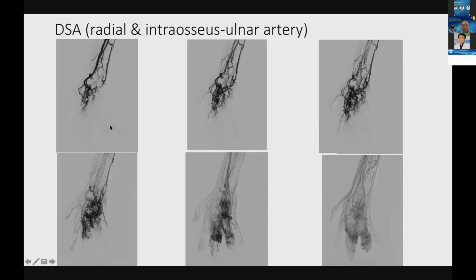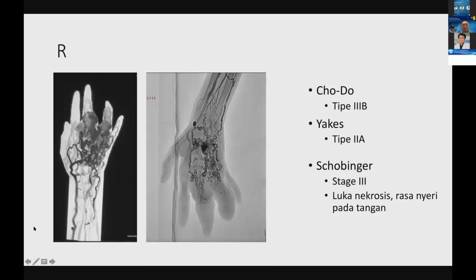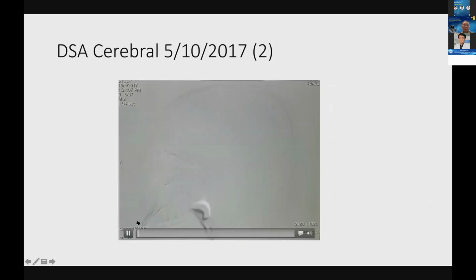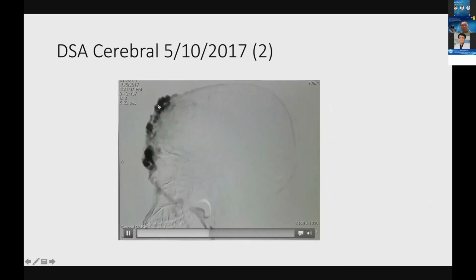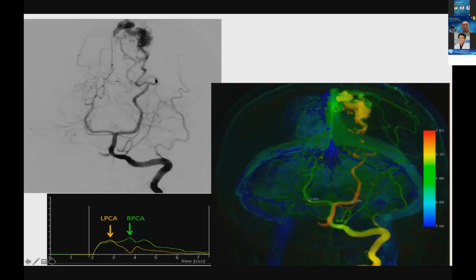This is a CT angio, and this is the comparison with the DSA. Cerebral angiography shows the AVM in the frontal part of the head, and this is spatial angiography.